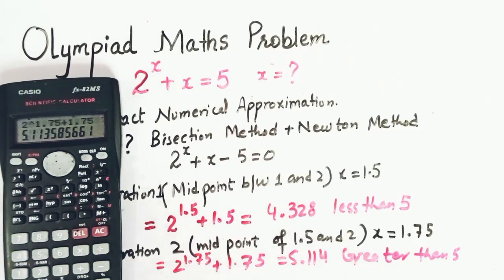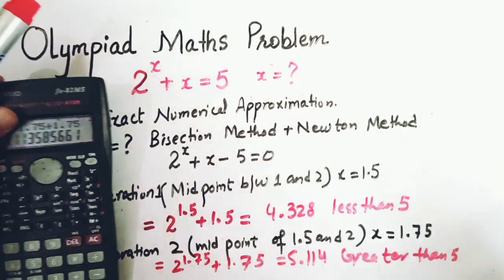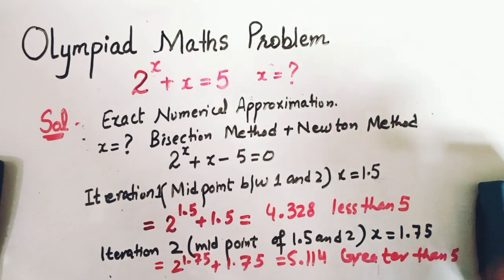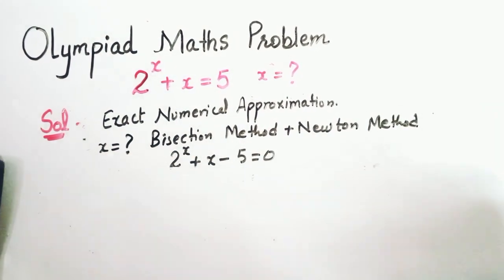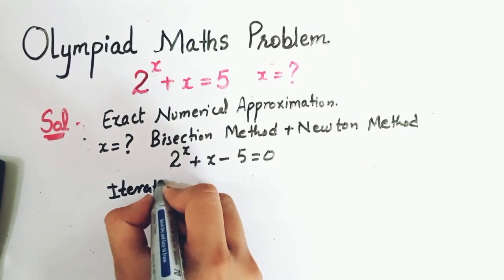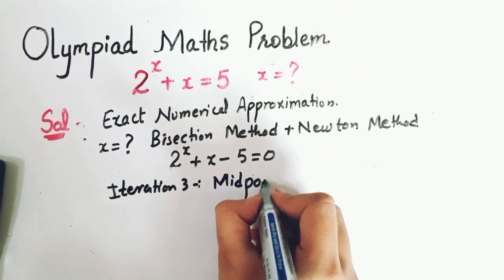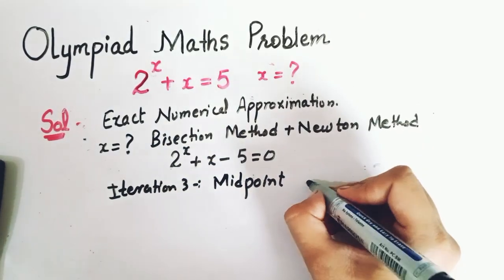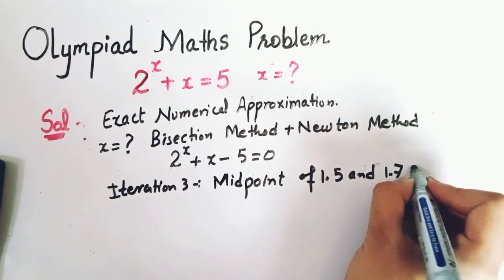This tells us that we will find the third iteration between 1.5 and 1.75. So iteration 3 will be the midpoint of 1.5 and 1.75.